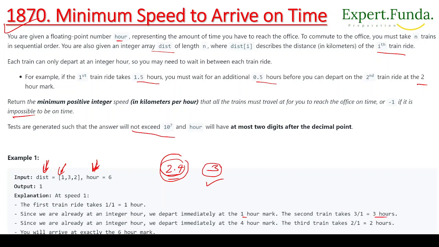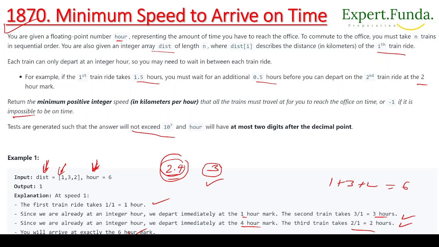Similarly, the next is 2 by 1 hours. If you calculate all of these, the first is 1 hour, then 3 hours, then 2 hours. 1 plus 3 plus 2 comes to 6, so the total is exactly the 6 hours we were given, and we are completing the journey.